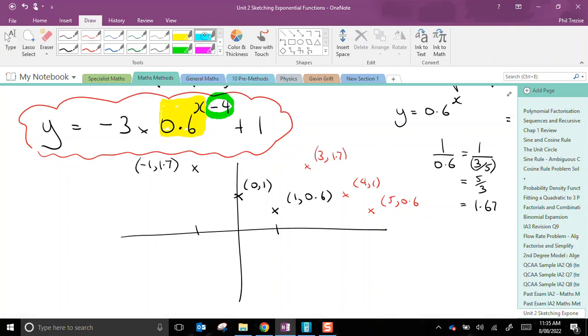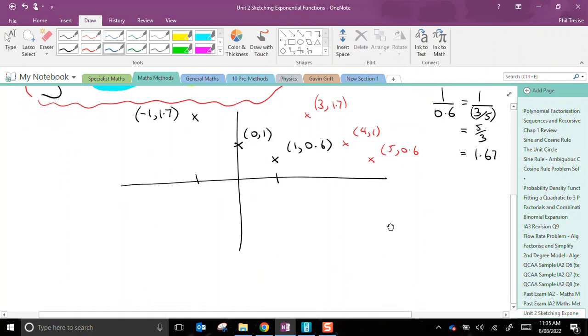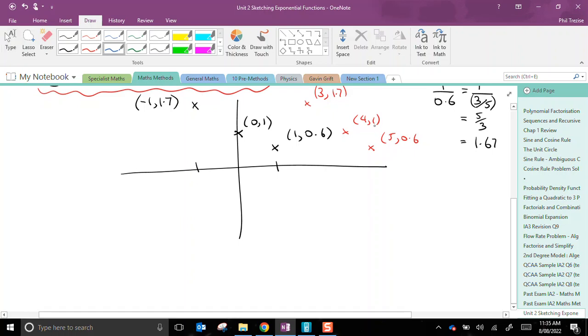Now the next part is, after we've dealt with all that, we would multiply by negative 3. So we're multiplying the function value, the y value, by negative 3. So if I multiply, say 1 times negative 3, I get negative 3. That's all the way down there, isn't it? So that's at 4, negative 3.